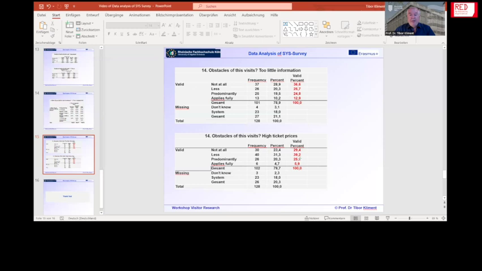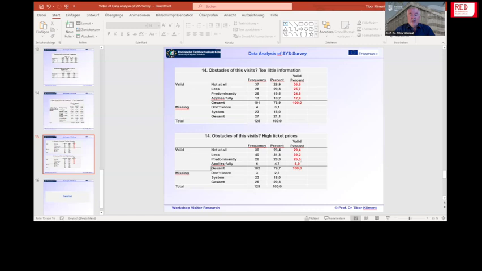Here we have predominantly 25% that say high ticket prices are a problem, and almost 6% say applies fully. So together we have 32% of visitors that have the opinion that ticket prices are too high.